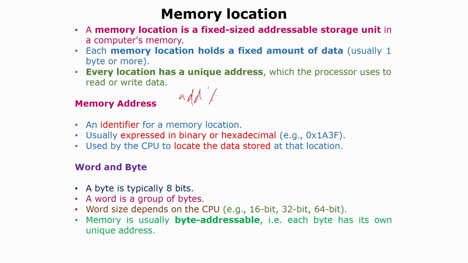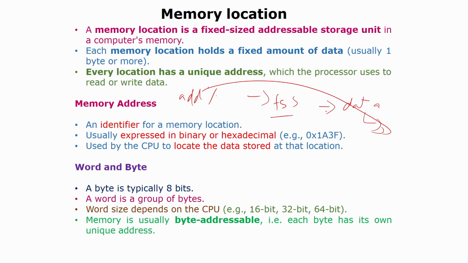So from these terms we get FSS, fixed size storage, and this FSS stores data. Each data has an address: FSS, data and address. These are the key terms involved in memory.